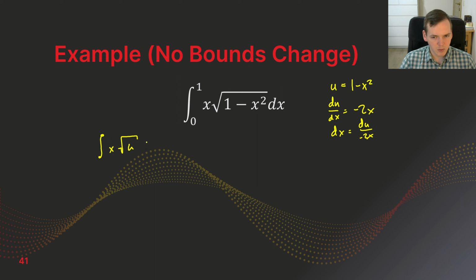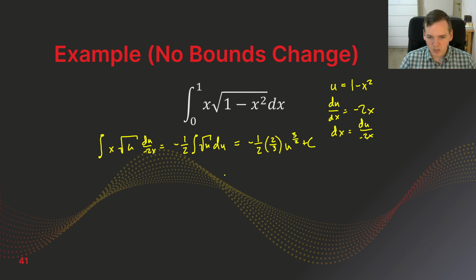Square root u du over negative 2x, that's going to be equal to negative 1/2 integral square root u du, which is going to equal negative 1/2 times 2/3 u to the 3/2 plus c.